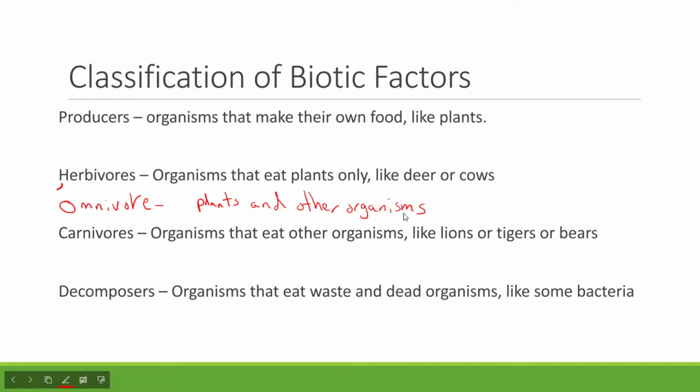They're not going to come up as a huge part of our classification of things. When we have a food web or a food chain, we like to focus on either an herbivore or a carnivore and try to simplify things. We are omnivores, right? Humans are omnivores.